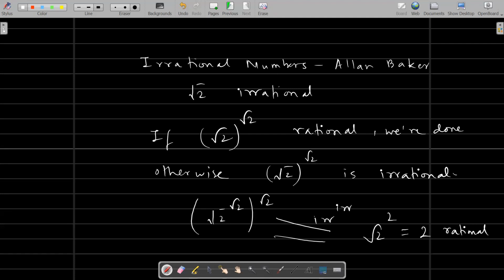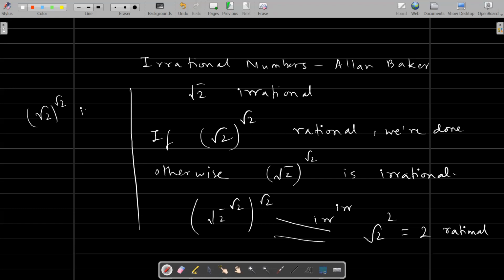Anju has raised hand. Sir, is root 2 raised to root 2 irrational? In fact, now it's proved. It's a difficult question, but it's settled now that root 2 raised to root 2 is not rational.